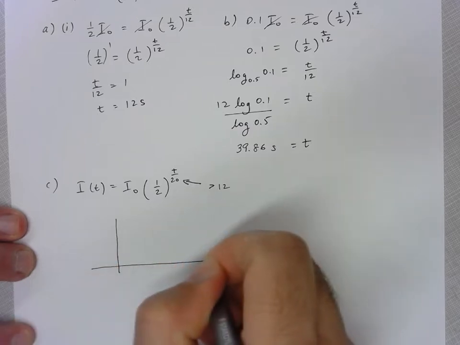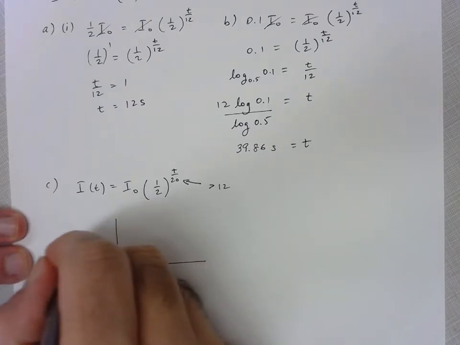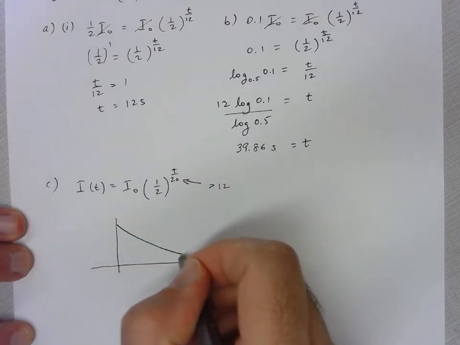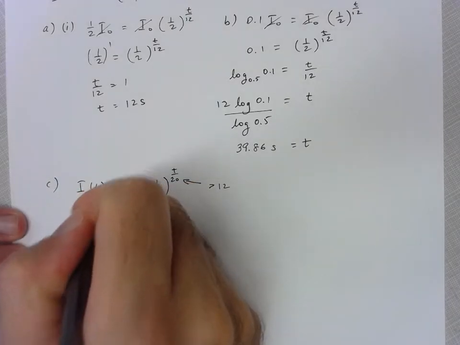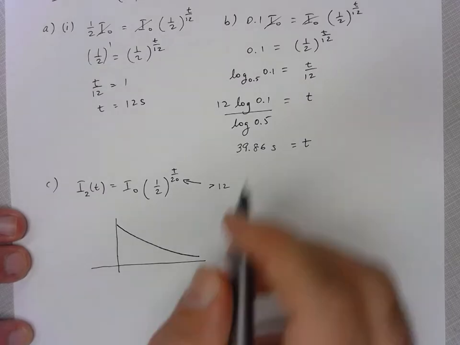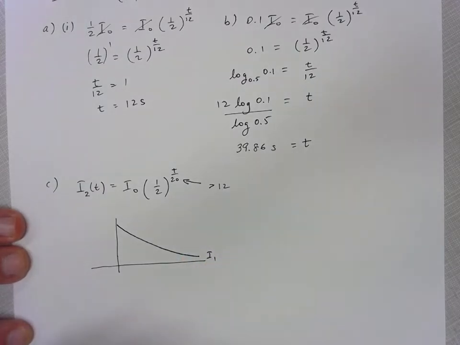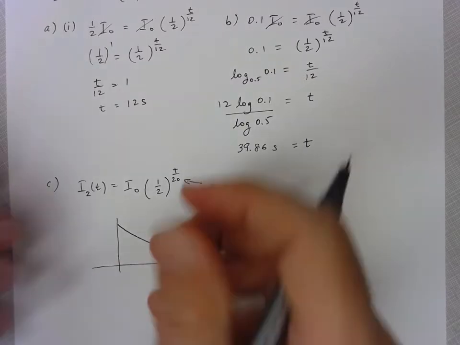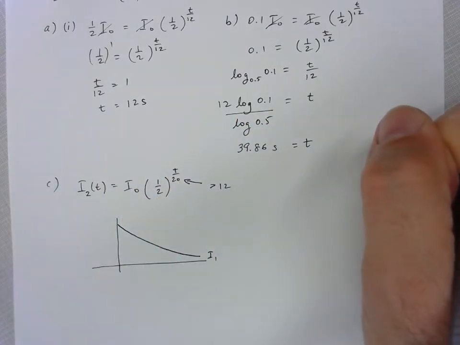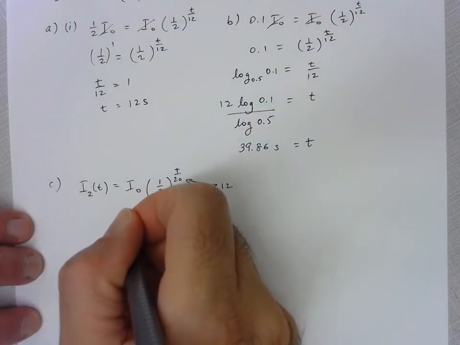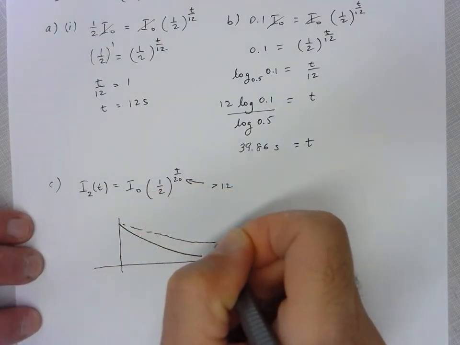Notice that when I draw the graph, I'm not going to bother drawing the negative side. If this was my original graph, I'll call this one I1, and the new one I2. What am I doing now? I'm stretching horizontally, and so by stretching horizontally, my new graph would look like this.